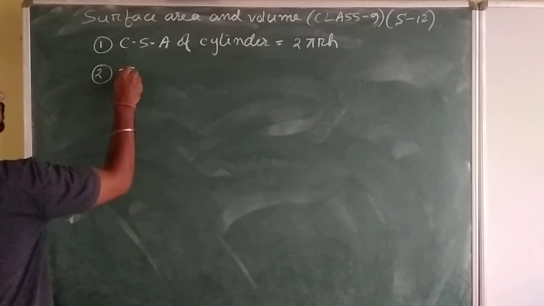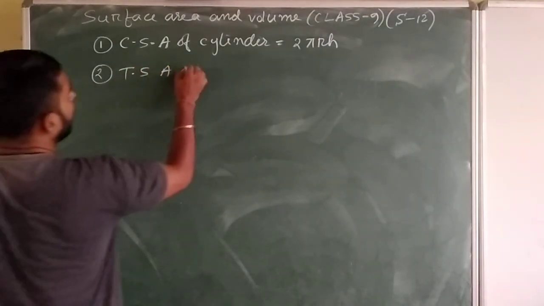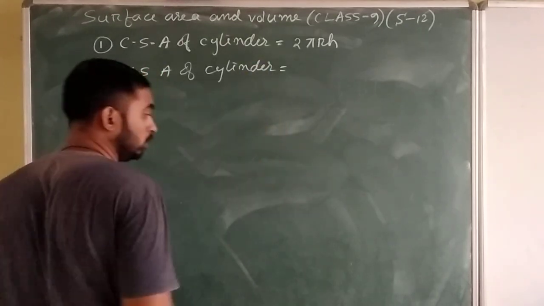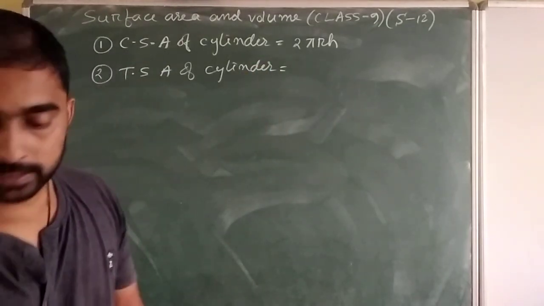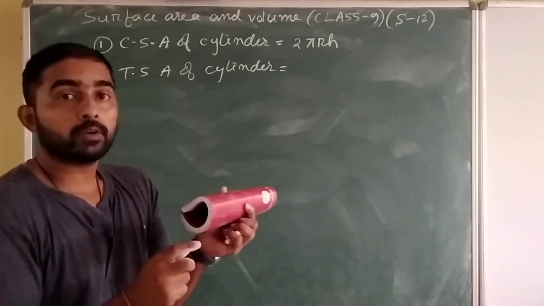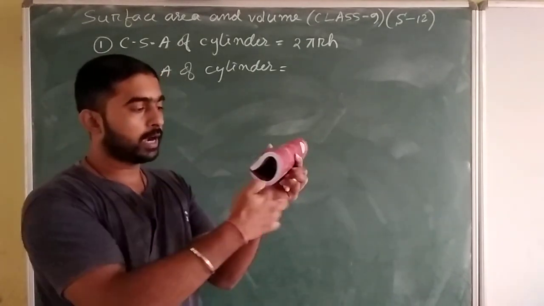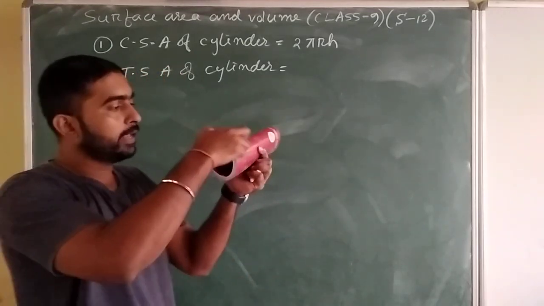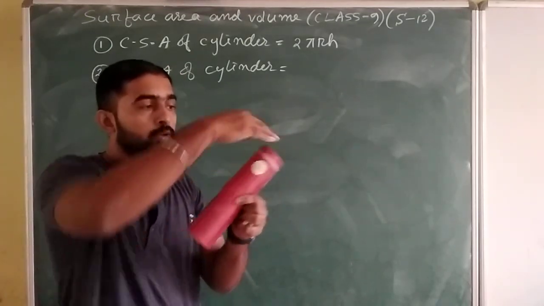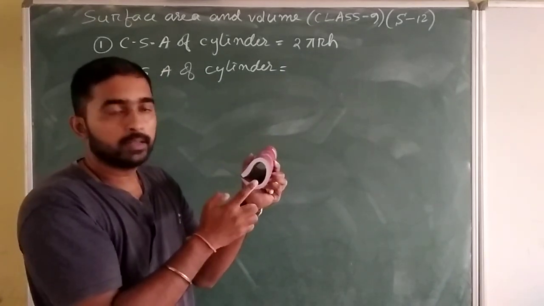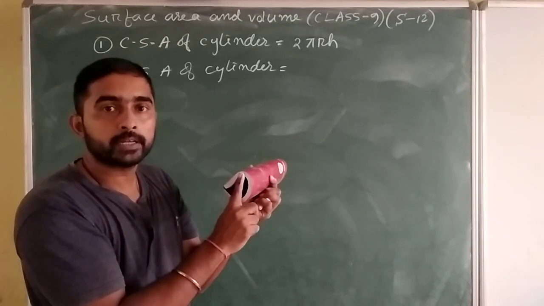Next is the total surface area of a cylinder. Curved means only this portion. Total means it is completely closed on either side. So the curved portion plus the area of the two bases. Now each base is in the shape of a circle. So what is the area of the circle? Pi r square.